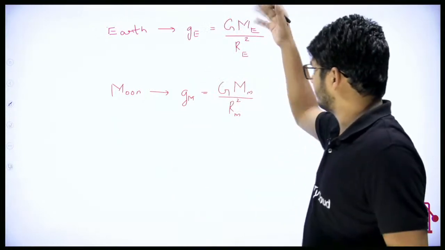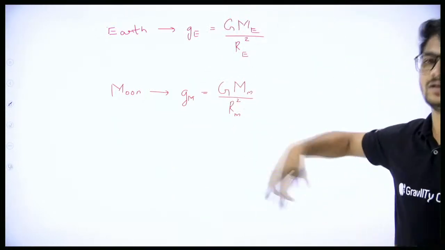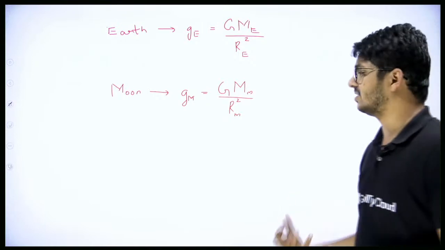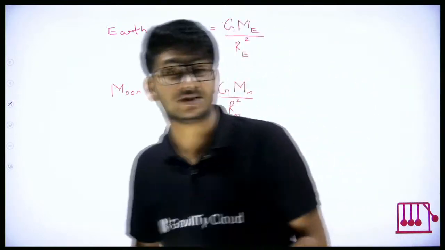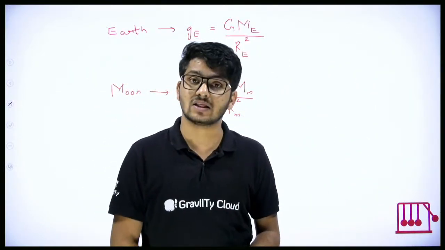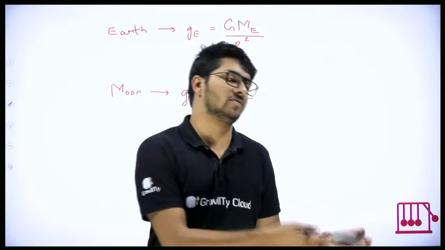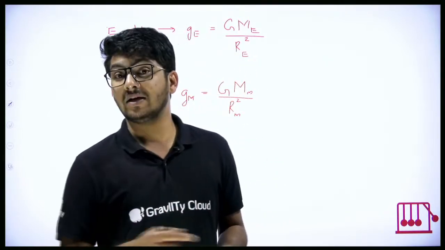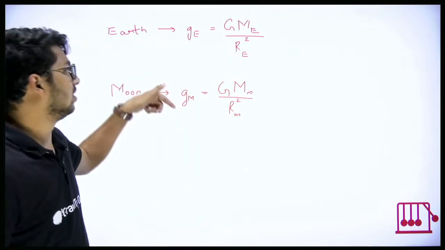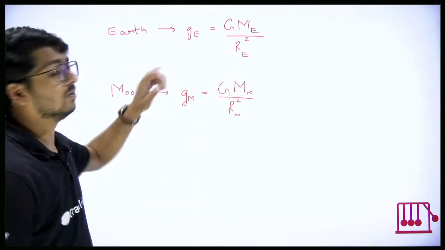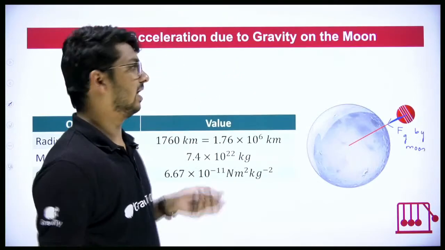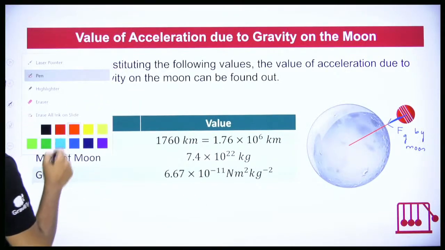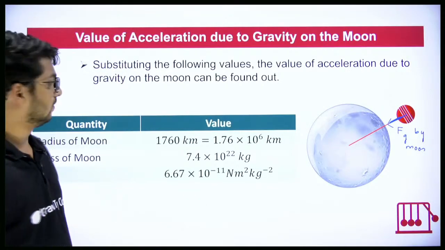The similar formula, but the values change. Obviously mass of moon is different from mass of Earth, and radius of moon is different from radius of Earth. That means these two values will be different. The table containing all the values is given here.